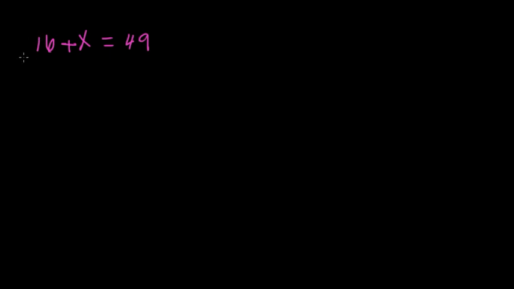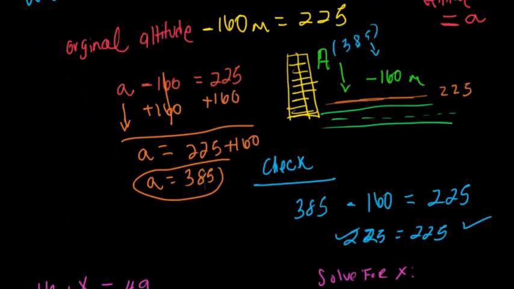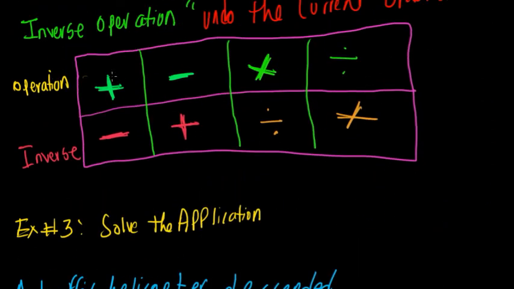We want x to be on a side by itself because we're solving for the variable. That's what our instructions say: solve for x. So we're dealing with 16. What's the sign of 16? 16 is positive. So the inverse of addition is subtraction.